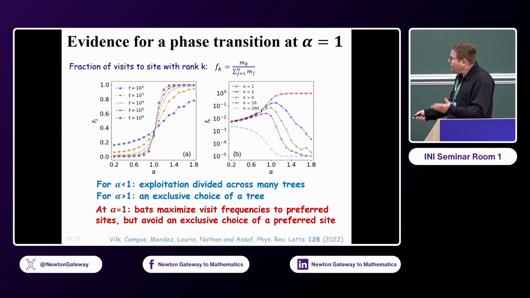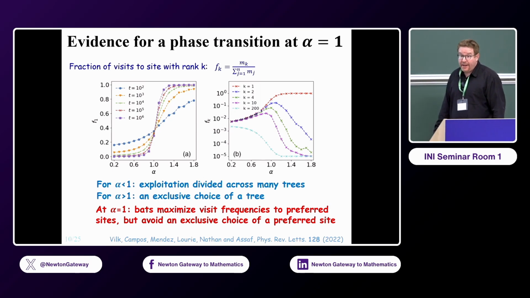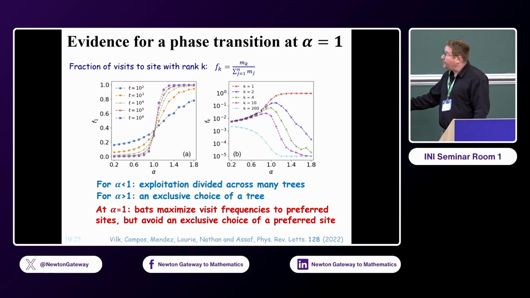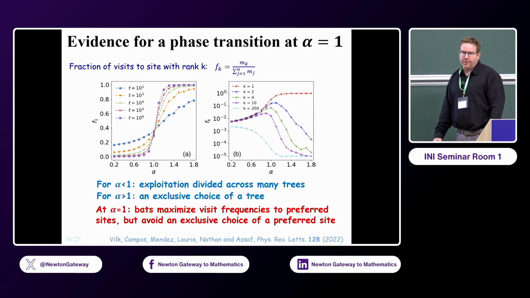So from this, we see that, of course, something abrupt, something extreme happens at alpha equals 1. But we can conjecture, before even looking at data, that this is a good operating point to be around alpha equals 1. Because if you are at alpha very small, then the bats visit all trees with equal probability without even caring what fruit content, what fruits are there on the trees.